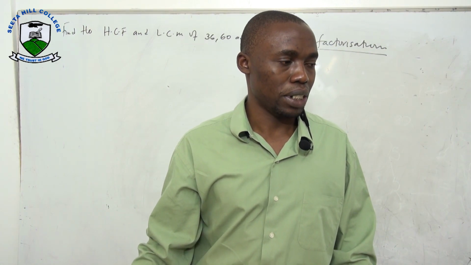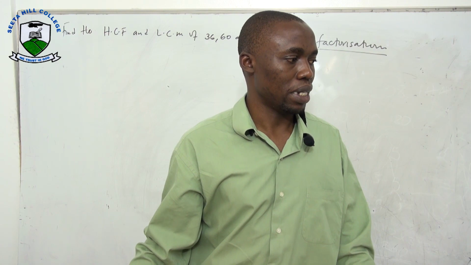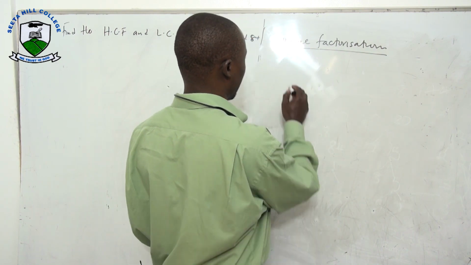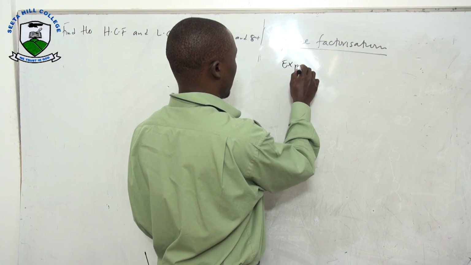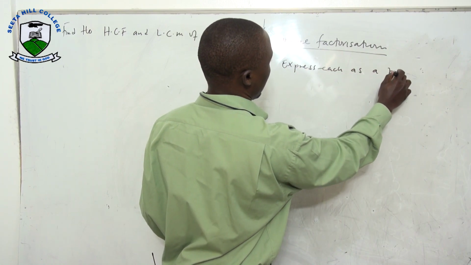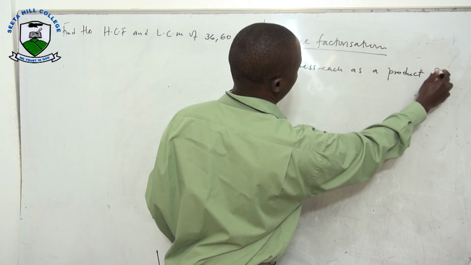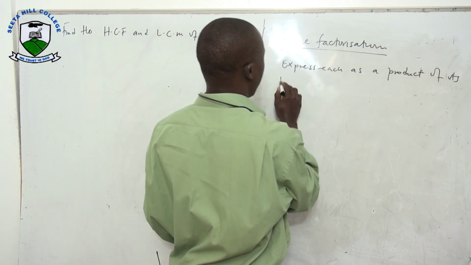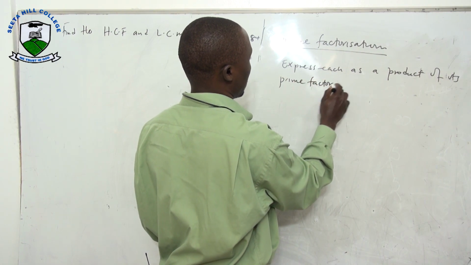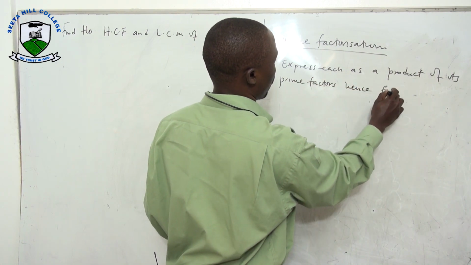It is the expressing of a number as a product of its prime factors. Hence, find the square root.